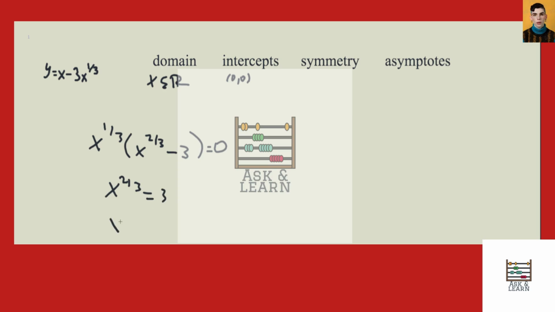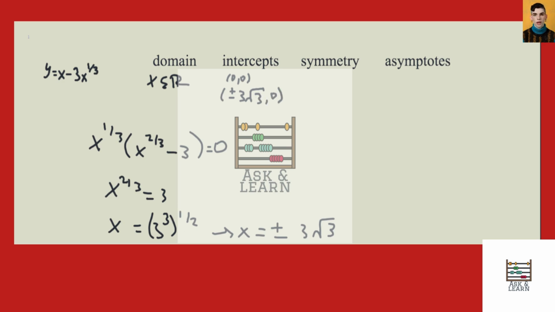That's the same thing as x equals 3 to the 3/2 power. So we have x equals plus or minus 3 square root 3. So our other intercepts are (plus or minus 3 square root 3, 0).